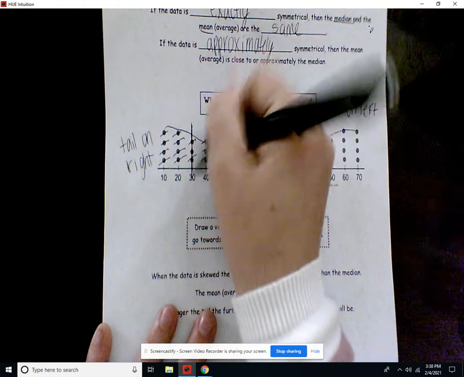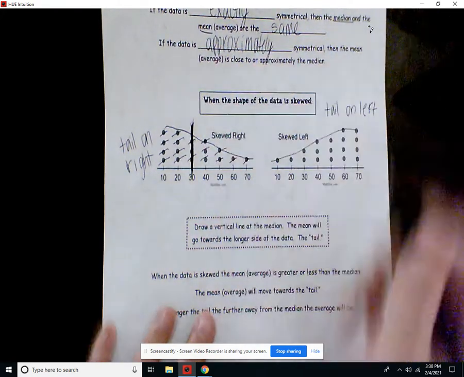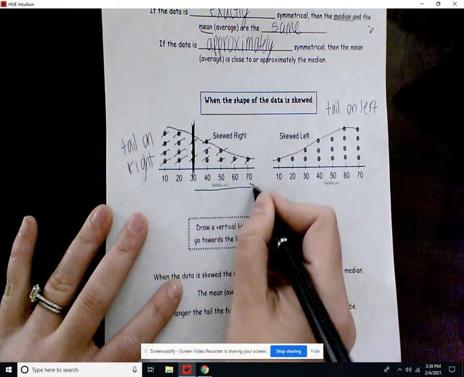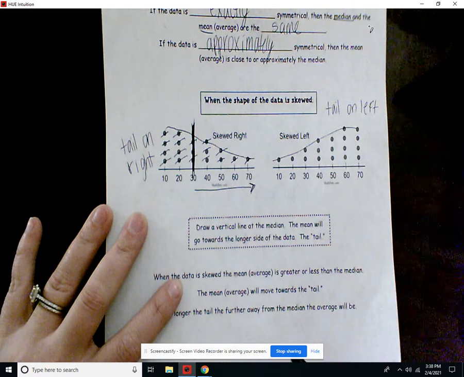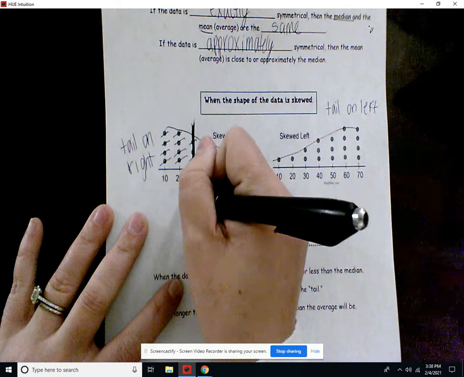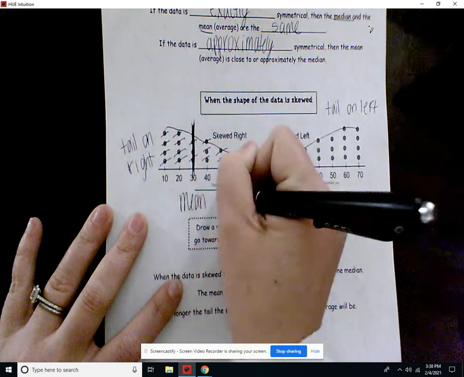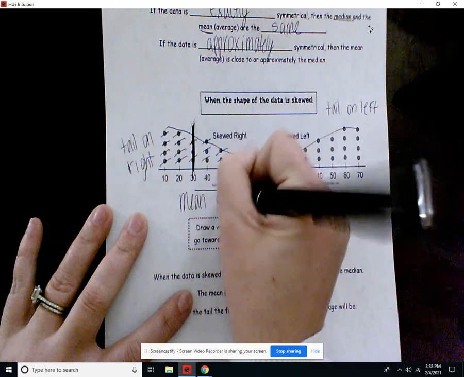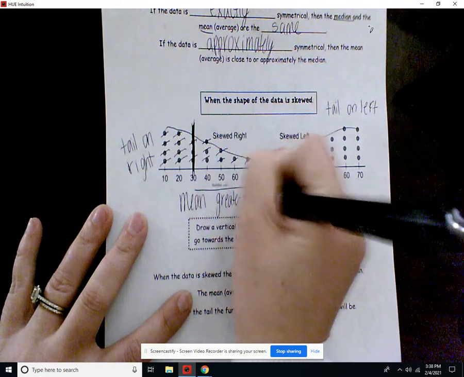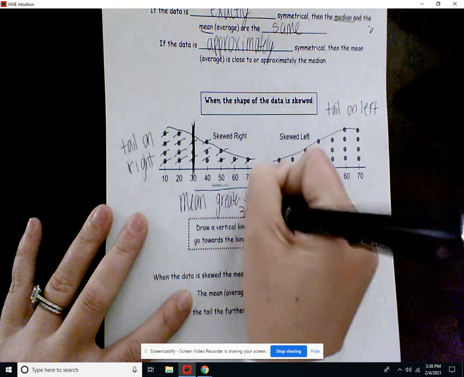I'm going to draw a line, so that's on 30. My tail goes towards the right, so what that means is my mean is greater than 30.